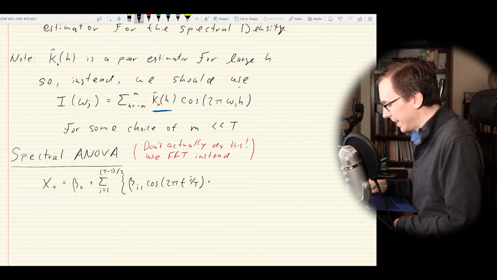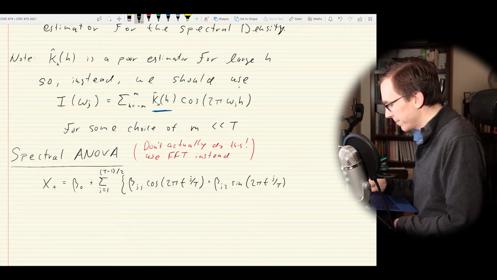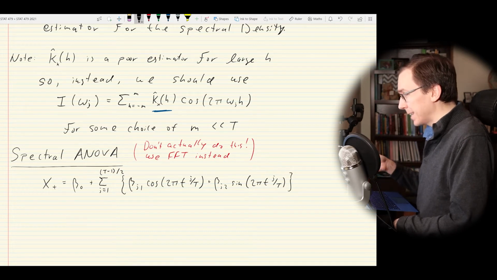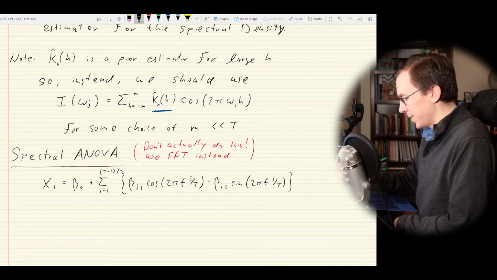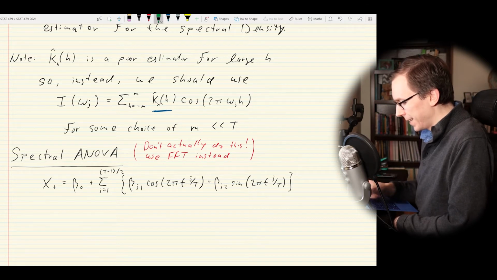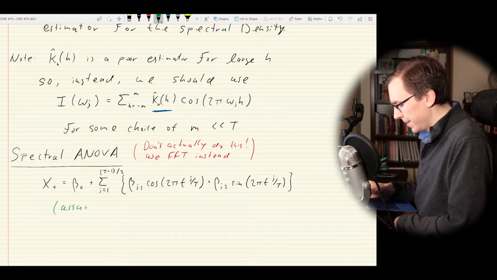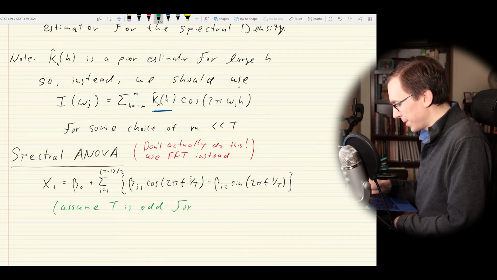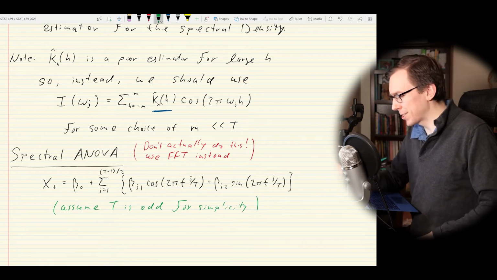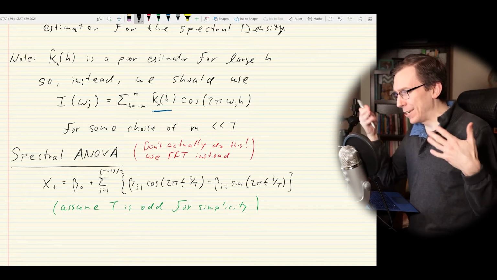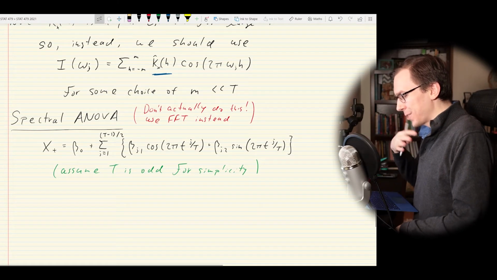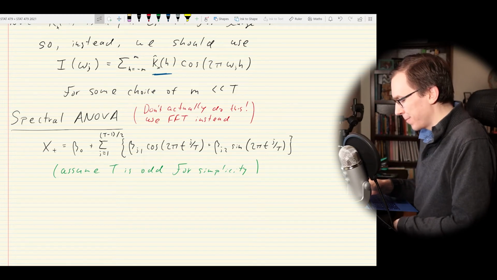And then we'll have a beta j2 sine 2 pi t j over T. Also assume capital T is odd for simplicity, because otherwise I'm going to have that extra term floating around and it's going to be annoying, and it doesn't really matter for what we're doing here. So we'll just assume T is odd.